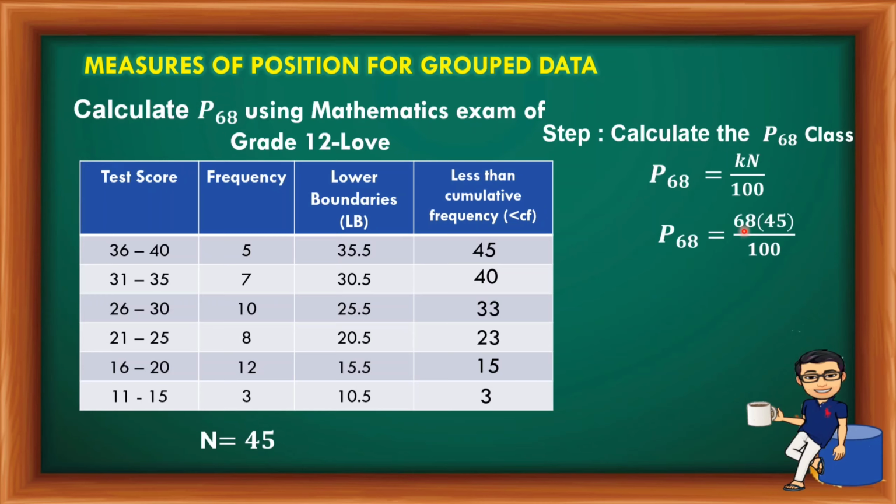So we will substitute that here: sa k, ang n natin ay 45 over 100. And 68 times 45 is 3060 divided by 100. And when you divide that, the answer is 30 and 6 tenths. So yan yung ating magiging percentile 68 class na kailangan natin to determine or to calculate the percentile.